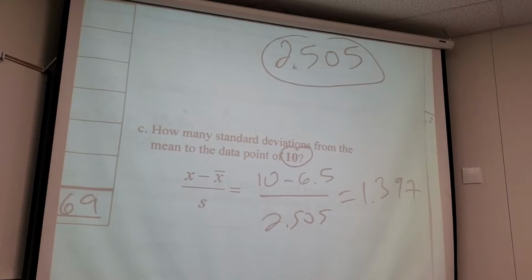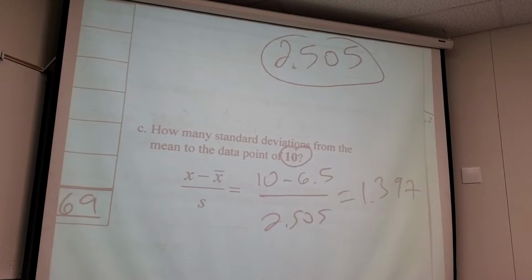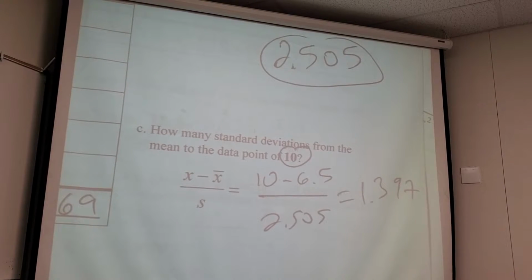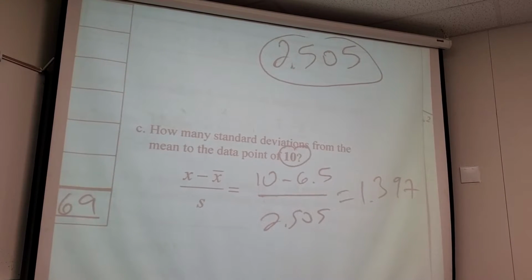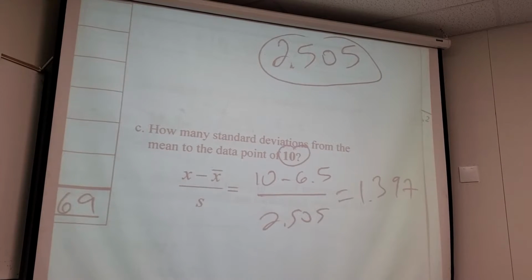So it kind of makes sense. I use the step size based on how spread out my data is to walk around my data. So how many steps does it take to get from 6.5 to 10? 1.397. What if my step size was 30? Then the distance from 10 to 6.5 would be so small. Okay, maybe.